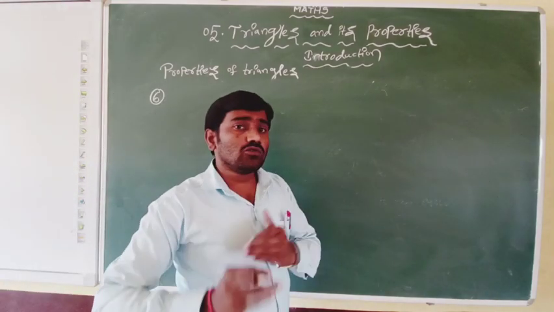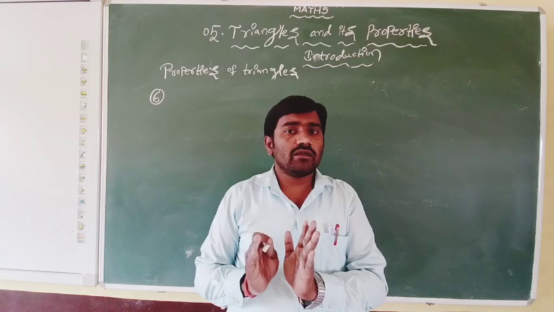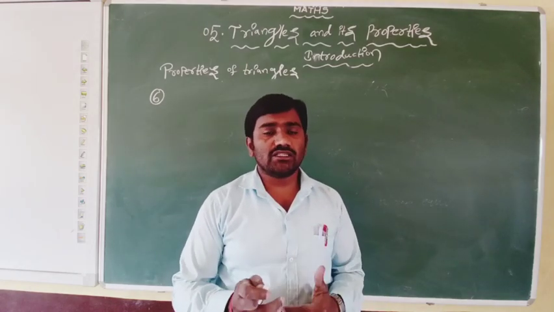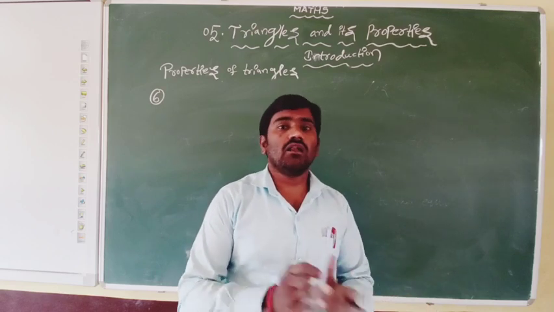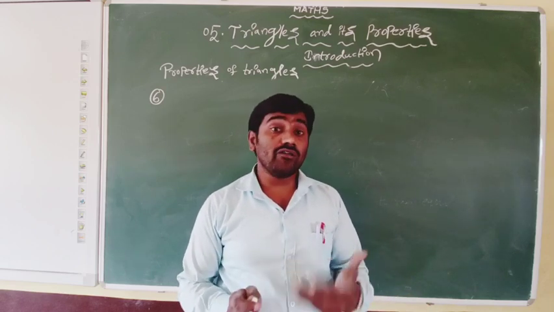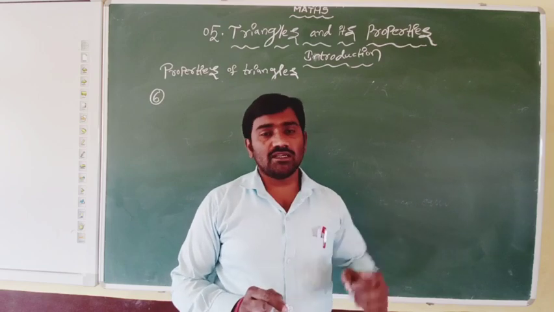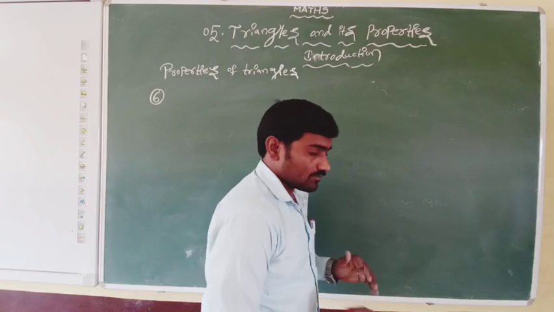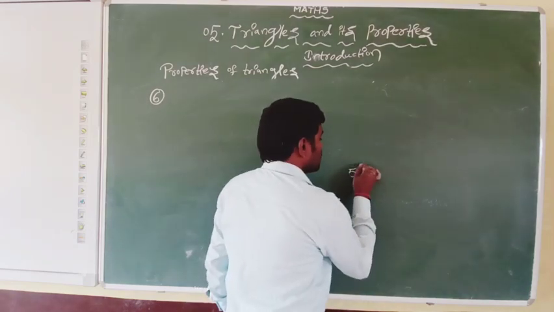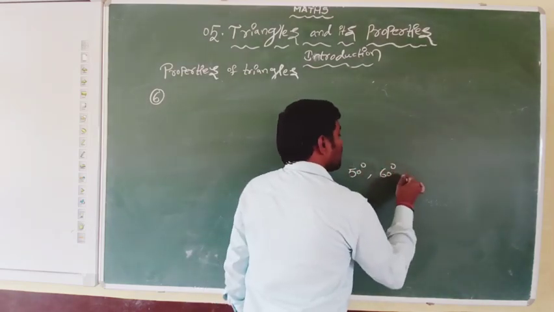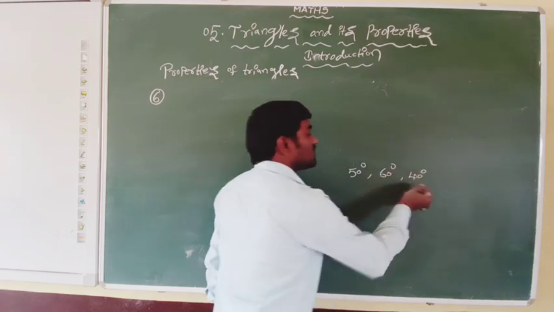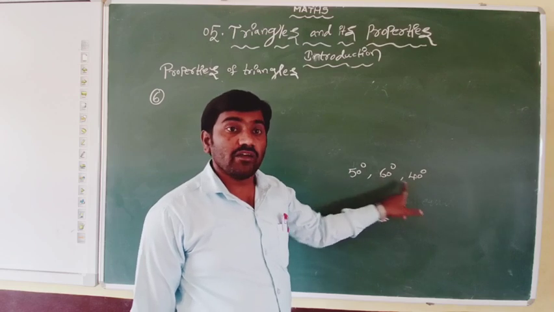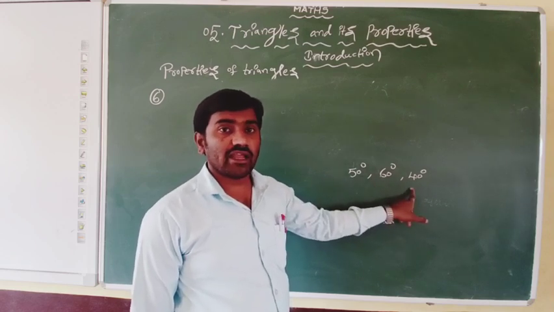How to decide whether a triangle is possible or not with the given measurements? How to decide? I will tell you that by looking at the given measurements, we can tell whether a triangle is possible or not. If 3 angles are given, suppose here 50 degrees, 60 degrees and 40 degrees, can we form a triangle with these 3 angles?